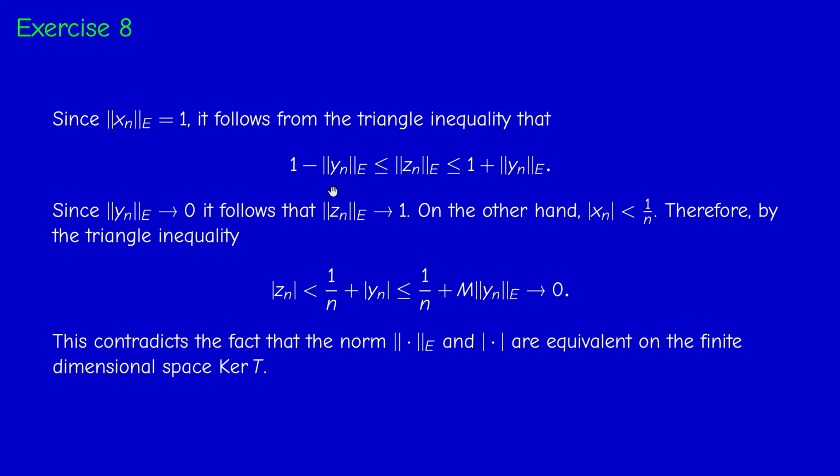It's not possible to have the first norm of zn less than a constant times the second norm of zn, because if this tends to 0, this will tend to 0 as well. And I know that on any finite dimensional space, all norms are equivalent, right? So this is a contradiction. It's a bit lengthy, but you should be exposed to such kind of reasoning because it's used often in analysis.